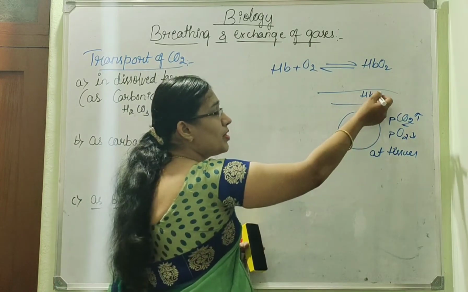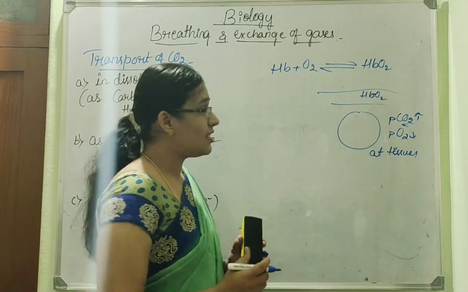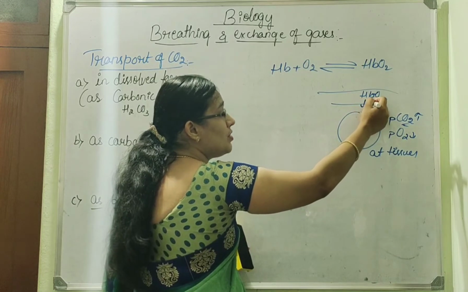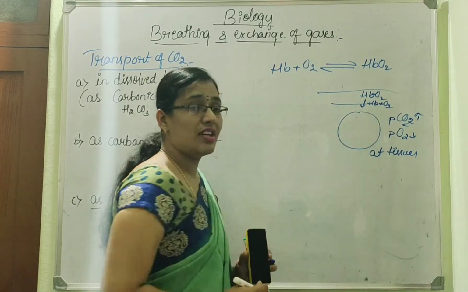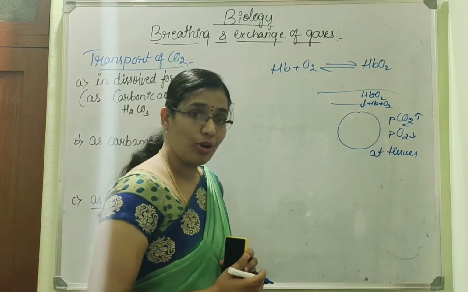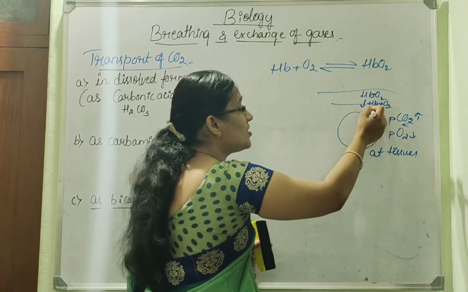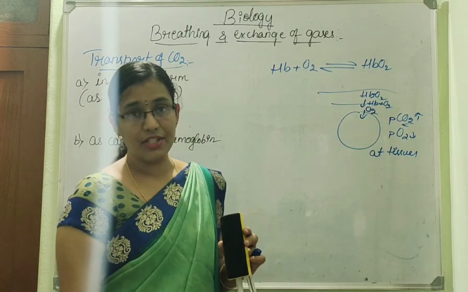So when the bond between the oxygen and hemoglobin becomes unstable, now it dissociates. Now this oxygen dissociates from the hemoglobin, and thus oxygen is now released into the tissues.